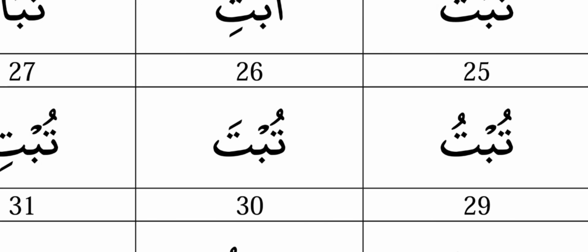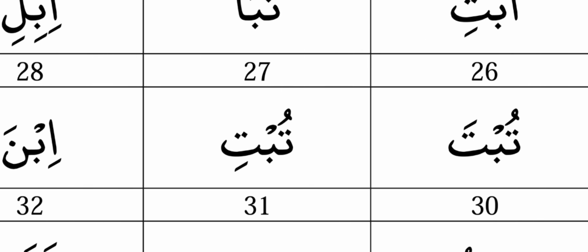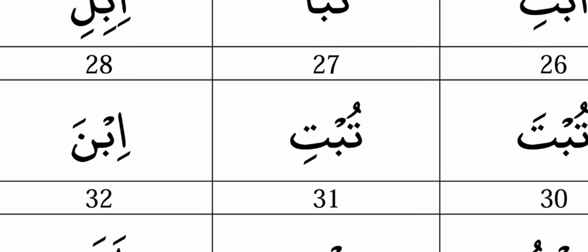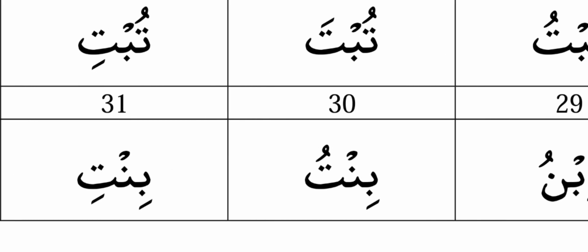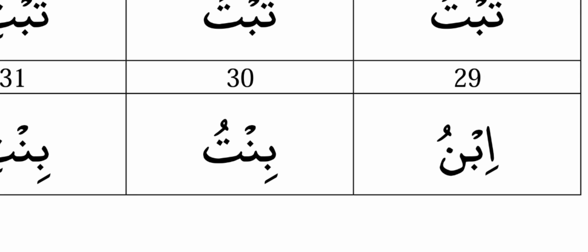Tubtu. 26, same thing, tubata. 27, tubati. 28, ibna. And the last row, 29, ibnu.